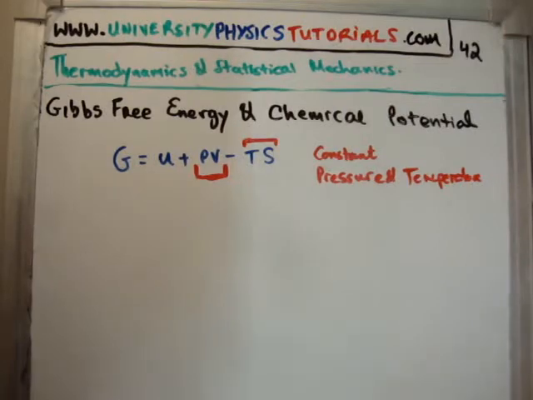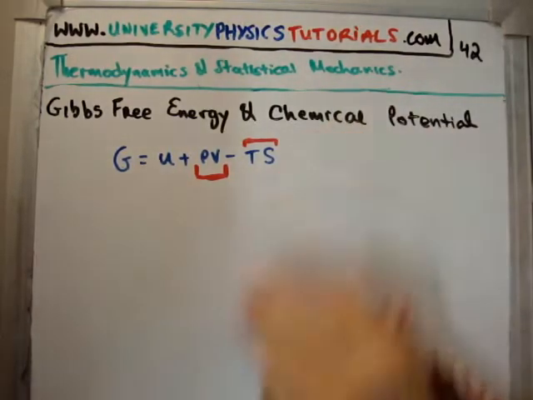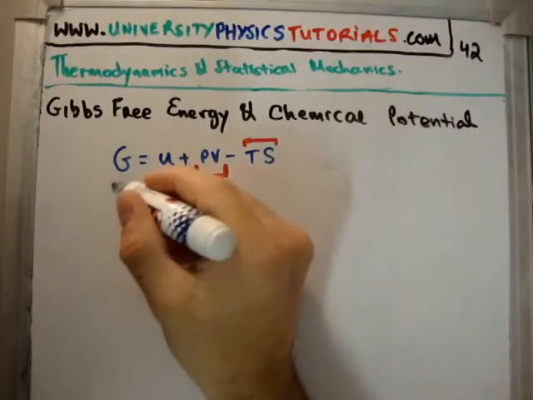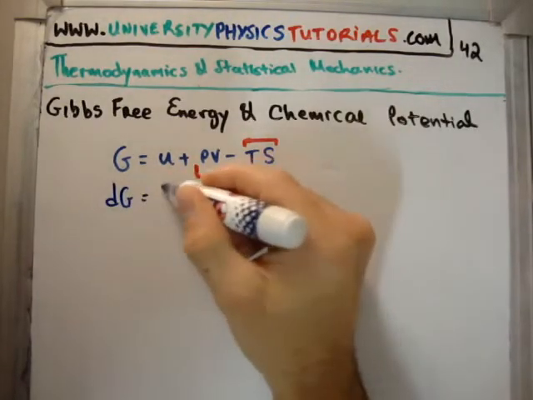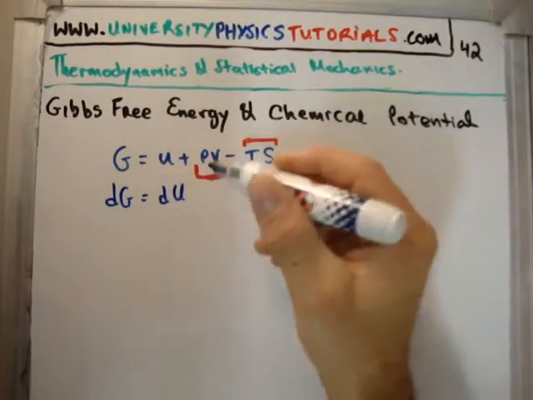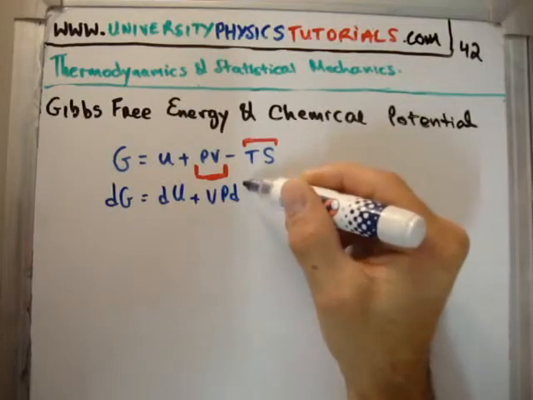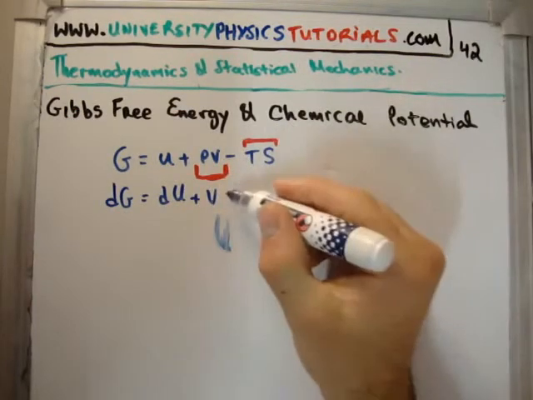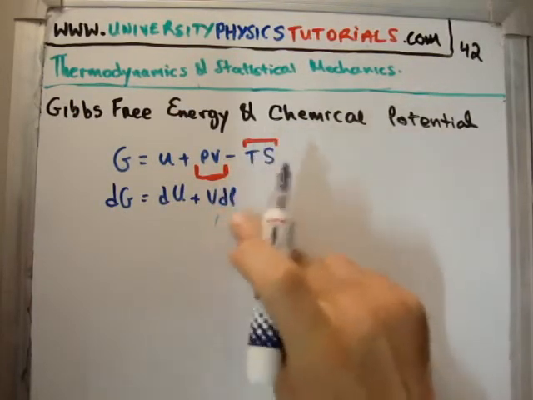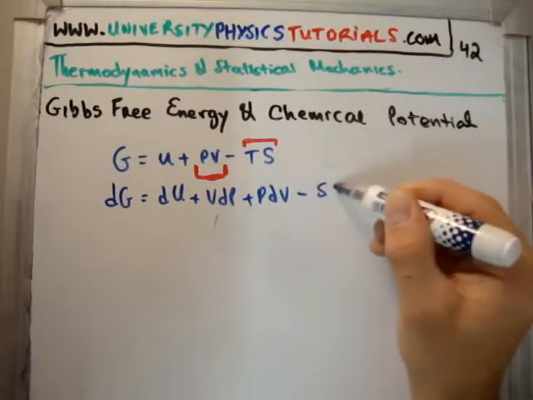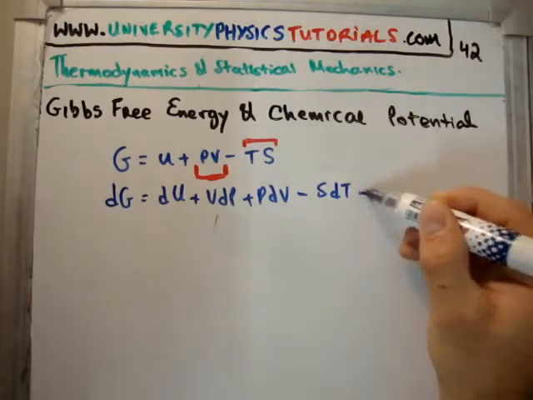So where do we go from here? Well, we also saw that the infinitesimal change in G is dG equal to dU plus V dP, it's supposed to be V dP, believe it or not, plus P dV minus S dT minus T dS.